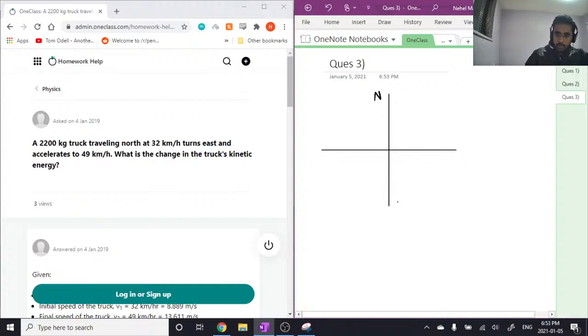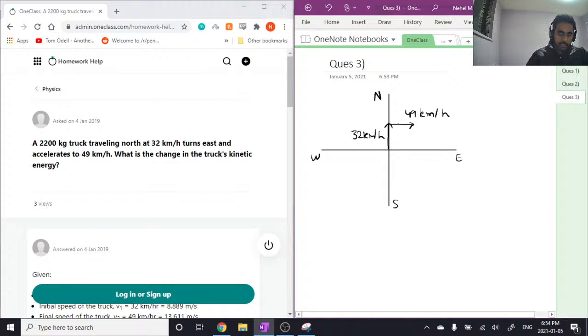The truck is initially traveling north at 32 kilometers per hour, which then turns and accelerates to 49 kilometers per hour and starts traveling east. The question is asking for the change in truck's kinetic energy.